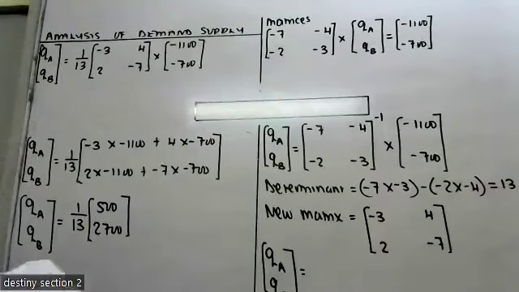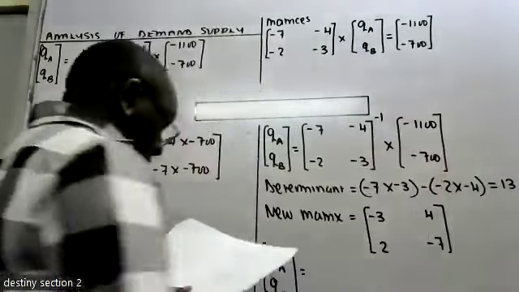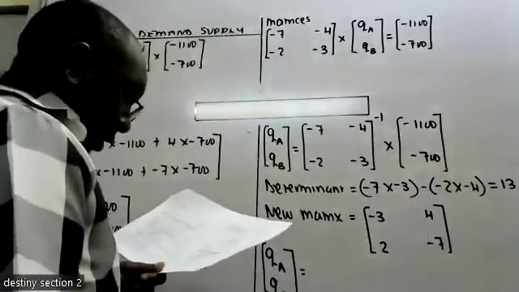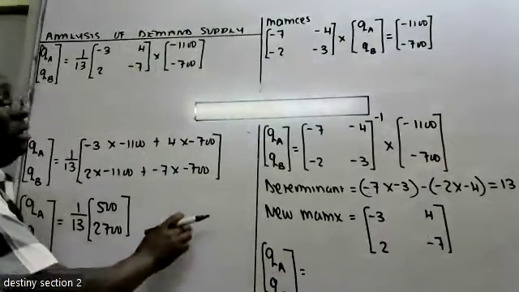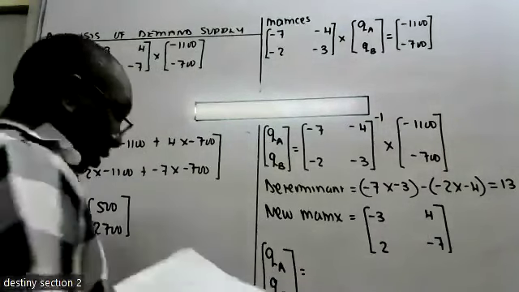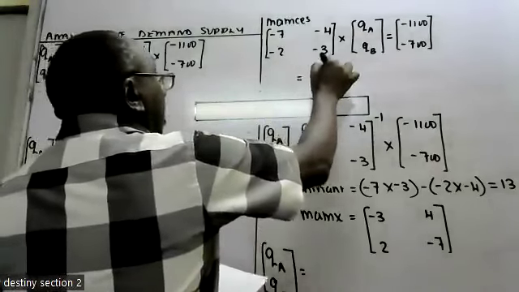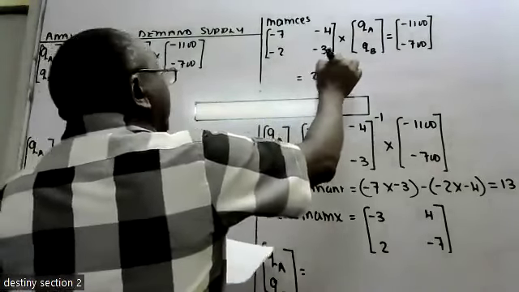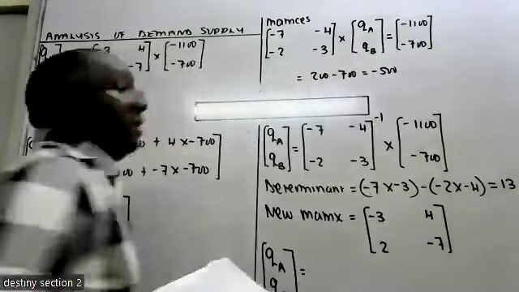Yeah, I went wrong here. I should have ended with that. If you check your equation, equation number 2 on this side, I think it should have been -200 minus 700. I should have ended up with -500.